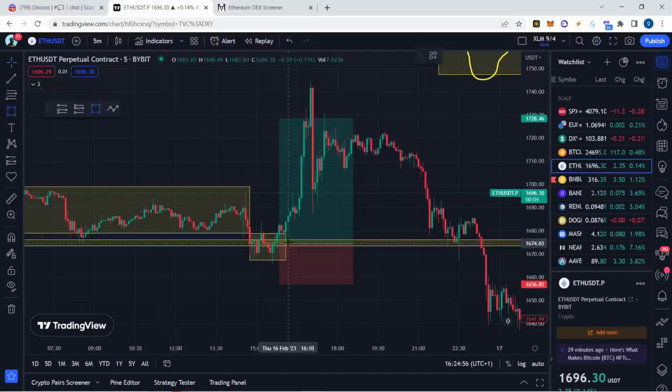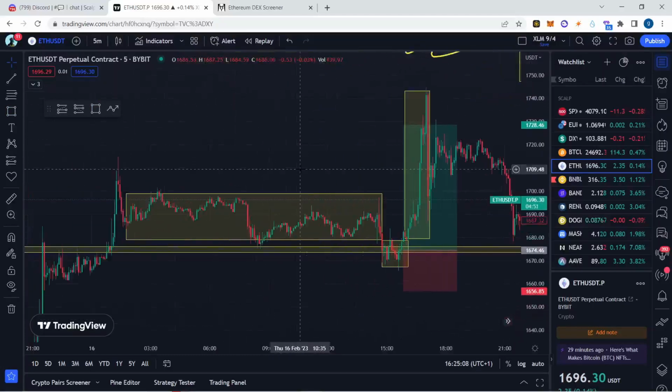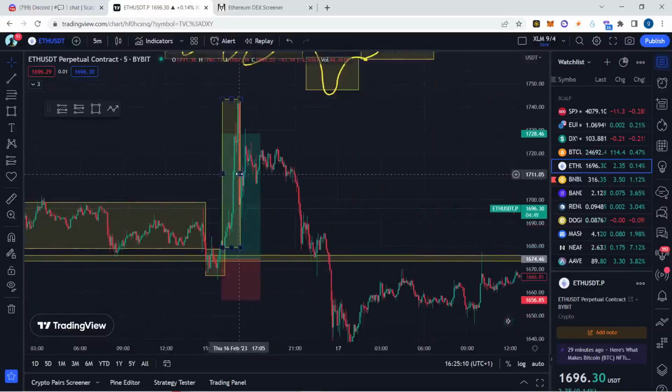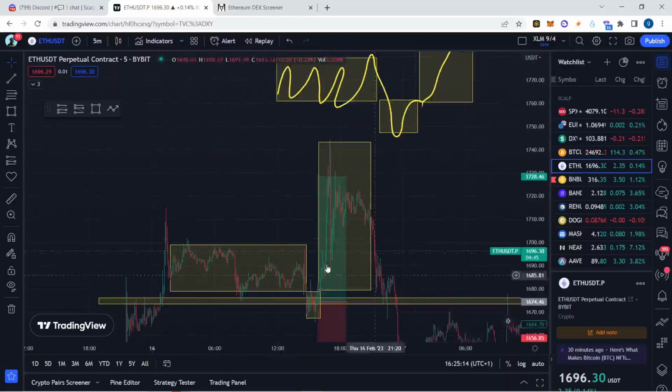And as you can see, the expansion of the price, as soon as price closes above the previous square, the manipulation one, expands instantly. And this will be the formation.